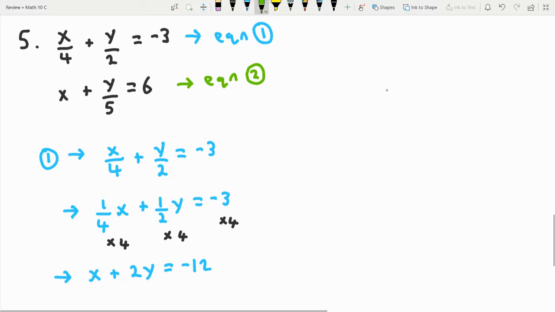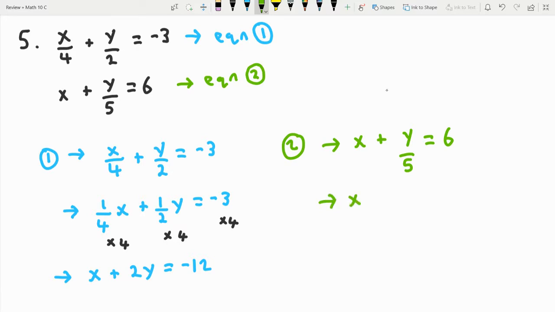Let's look at equation 2 now and see if we can form a new equation from it. For equation 2, we have x plus y over 5 equals 6. And again, I'm just going to rewrite this as x plus 1 over 5y equals 6.